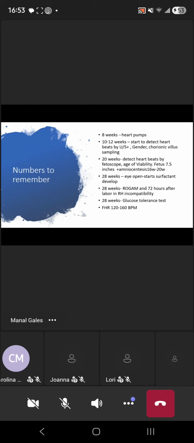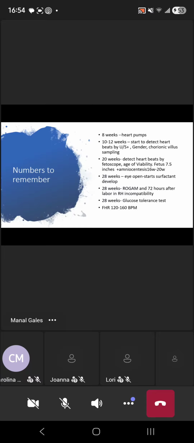She should be RH negative. Very good, guys. First shot is at 28 weeks, so remember that date. The next shot is 72 hours after labor. So it has to be 2 shots.